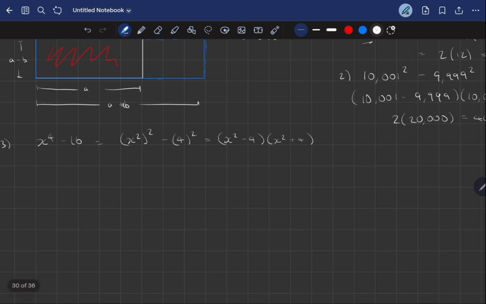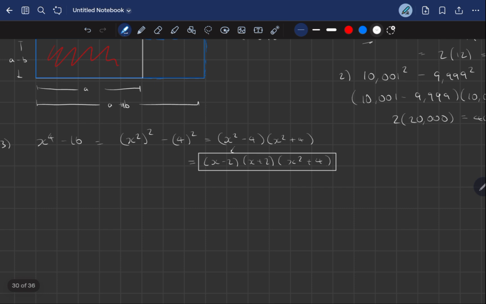So I can rewrite this as x minus 2, because square root of 4 is 2, x plus 2, and I just have to leave this the same because it's a sum of two squares, which you can't factorize, like this. So boom. This is our final answer right here when you factorize it. Okay?